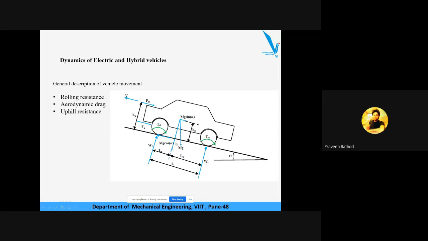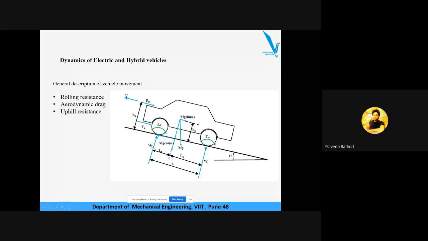You can see the Ft is nothing but the tractive force. Where is it acting? It is acting at the contact patch, or contact area, between the tires and the driven wheels, exactly in this portion.